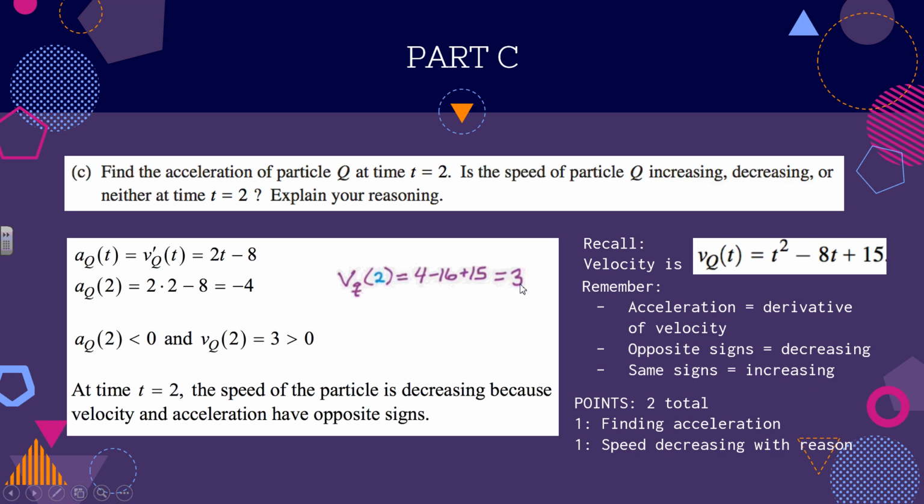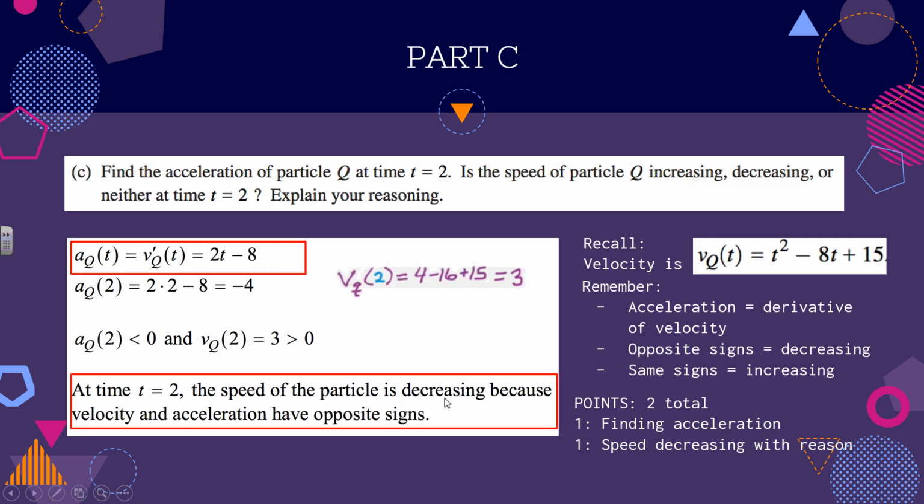And then you compare the signs. Because this acceleration is negative and the velocity is positive, they're opposite signs. So that means that the speed of the particle is decreasing, or you can say it's slowing down. You get 1 point for finding the acceleration, and 1 point for saying that the speed is decreasing because they have opposite signs.